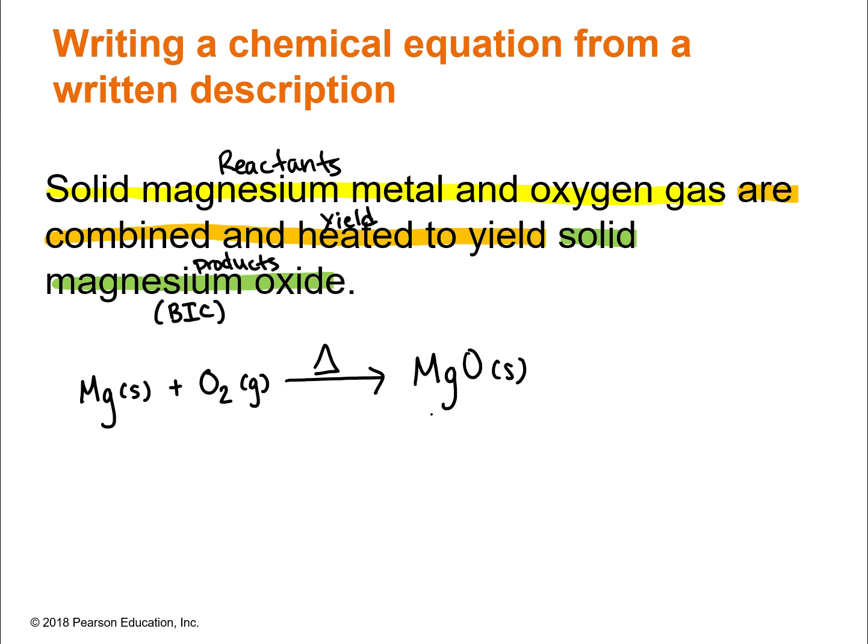Magnesium is a group 2A metal, so its charge is 2+. Oxygen is group 6A. You subtract 8 from 6 to get the charge for that, and it's 2-. So when I put one of each of these ions together, I get an overall charge of 0. Don't forget to do that.